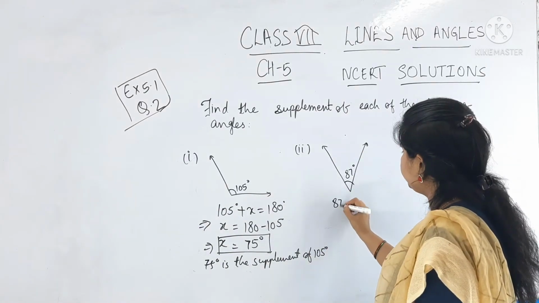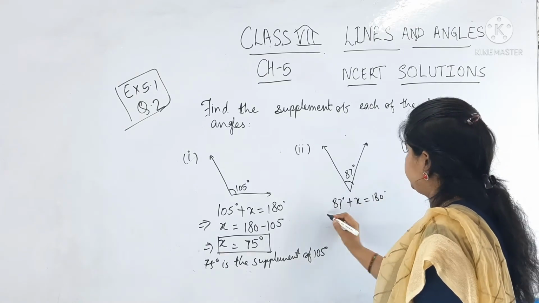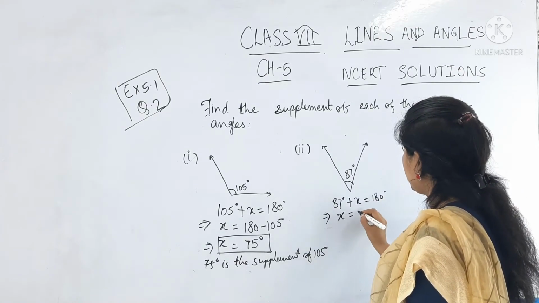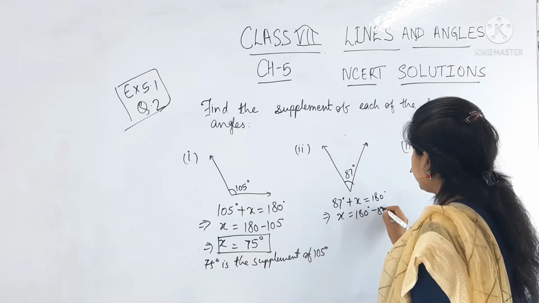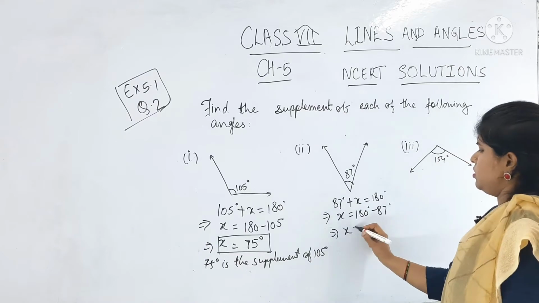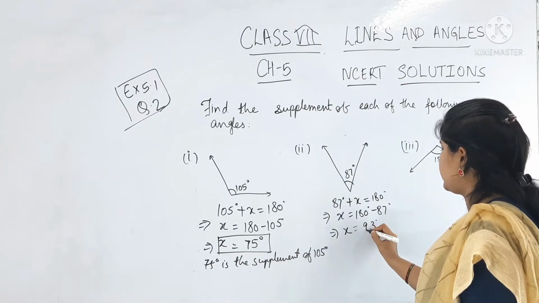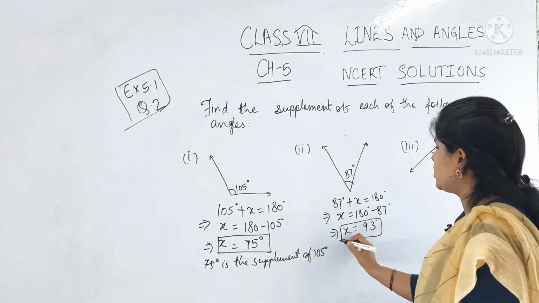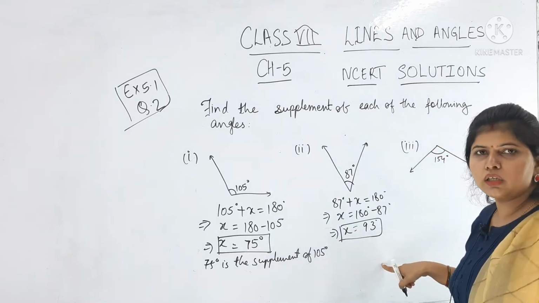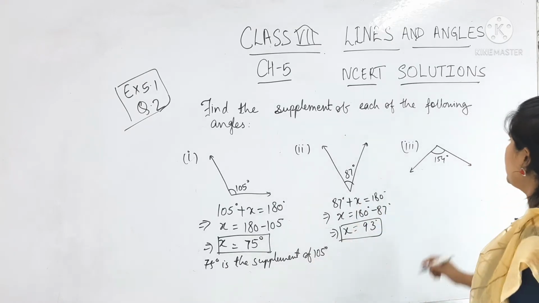So 87 degrees plus x equal to 180 degrees. x equal to 180 degrees minus 87 degrees. So x equal to 10 minus 7 is 3, and 17 minus 8 is 9. So it is 93 degrees, and you conclude 93 degrees is the supplement of 87 degrees.